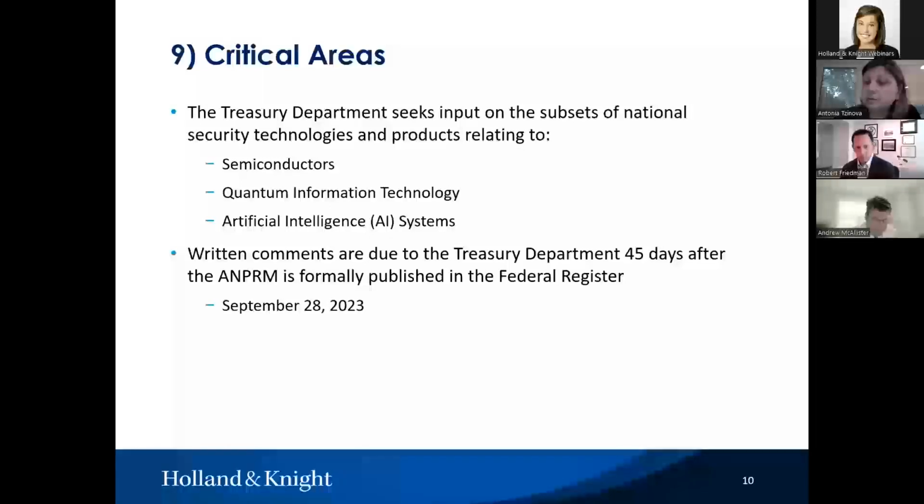A couple of further things, and this was referenced earlier: given that only China is referenced as the country of concern, it sometimes causes parties to say, okay, I don't do business in China right now, therefore this doesn't directly impact me.